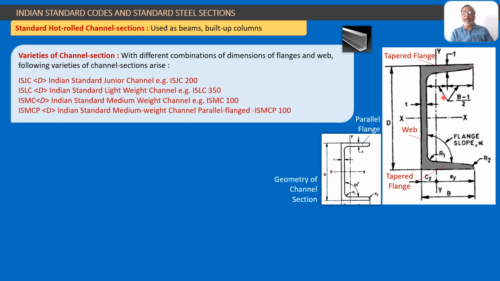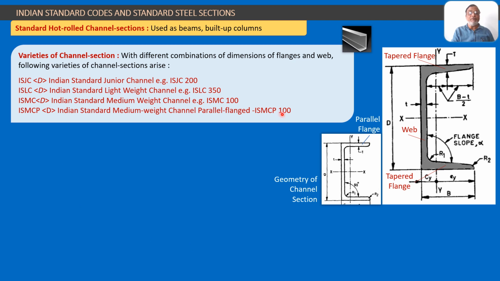So that is what is a tapered flange. So this channel section is having tapered flanges, but if you see here the flange is not tapering. It is parallel flange. It is having uniform thickness, and that is why this channel section, though it is also a channel section like this, it is different in the fact that it is having parallel flange.